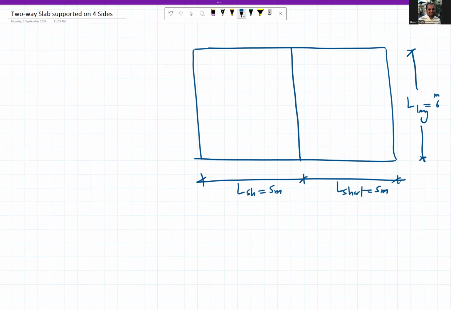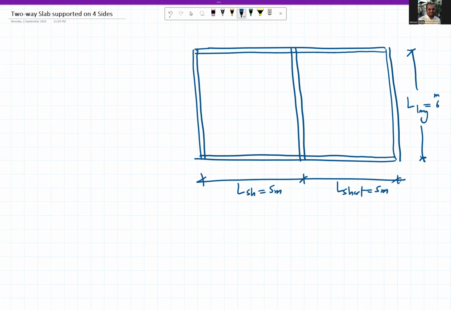Okay, these two bays or these two slabs are supported by beams on all sides, so on the four sides of each slab. So this is our slab, and you have some columns here. And we need to find the bending moment, positive and negative bending moment on this continuous slab.